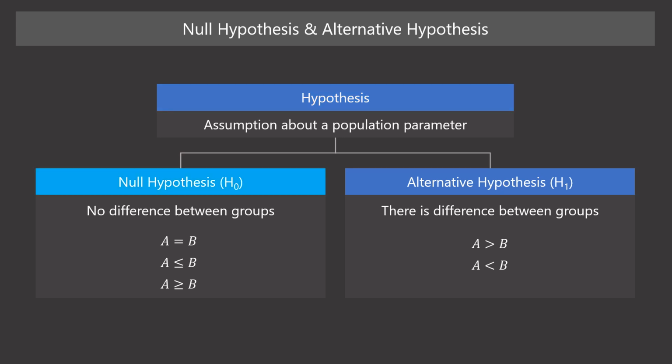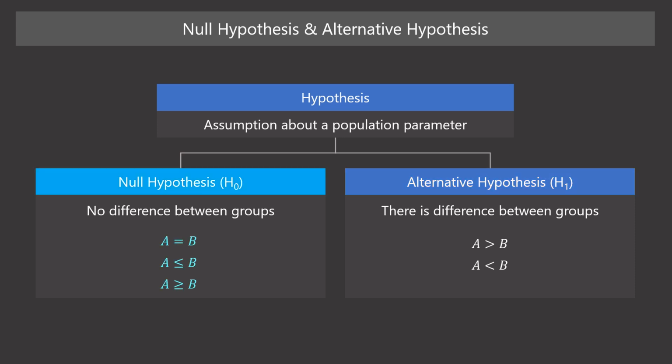If the assumption is that there is no difference between groups, the hypothesis is called a null hypothesis, often denoted as H0. If the assumption is that there is a difference between groups, the hypothesis is called an alternative hypothesis, often denoted as H1.